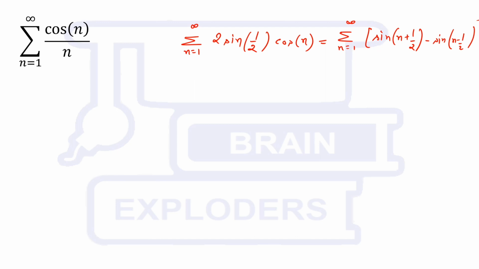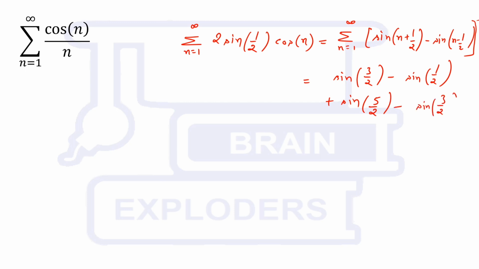On expanding the summation, we get sine 3 by 2 minus sine 1 by 2 plus sine 5 by 2 minus sine 3 by 2 plus sine 7 by 2 minus sine 5 by 2 and so on.